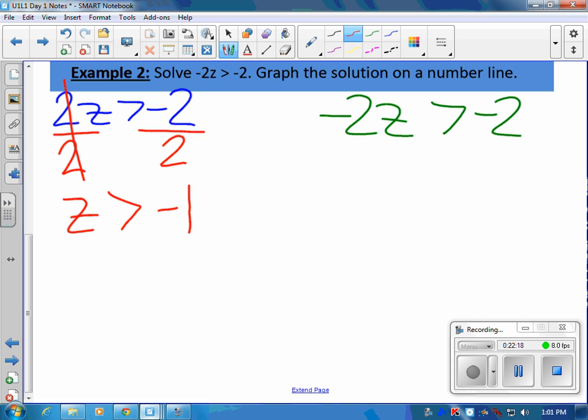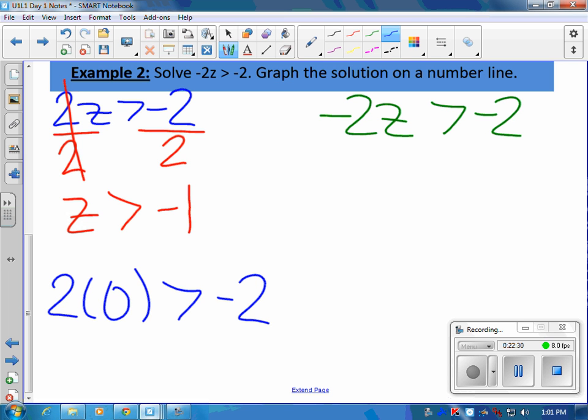Let's check our answer. What value can I choose to check my answer? I need something greater than negative 1. All right, let's pick 0. Is 0 greater than negative 2? Yes. Why didn't I flip my sign? Matthew?